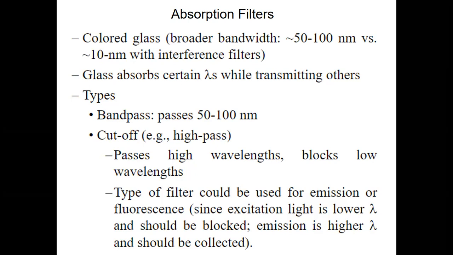Normally the example is the high pass cutoff filter. In that case, it passes high wavelengths and blocks low wavelengths. So in the high pass cutoff filter, the higher wavelengths will be transmitted, but it will block the lower wavelengths. An example of where this type is used is in emission of fluorescence.